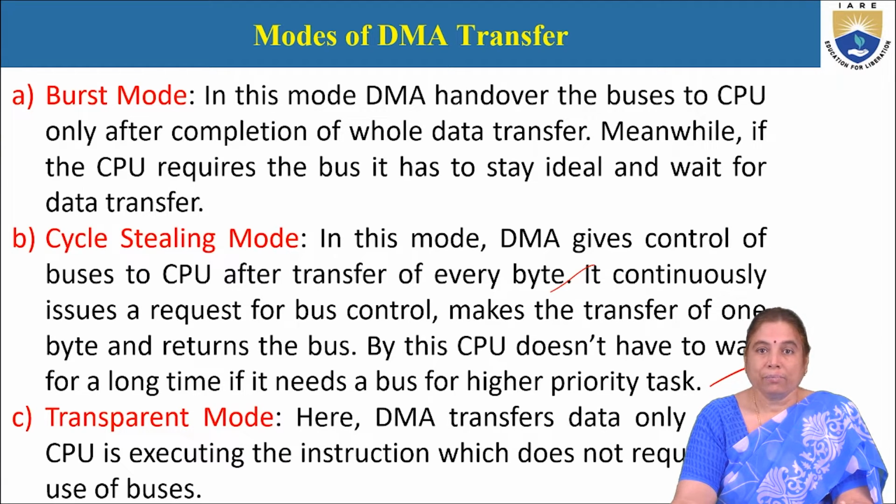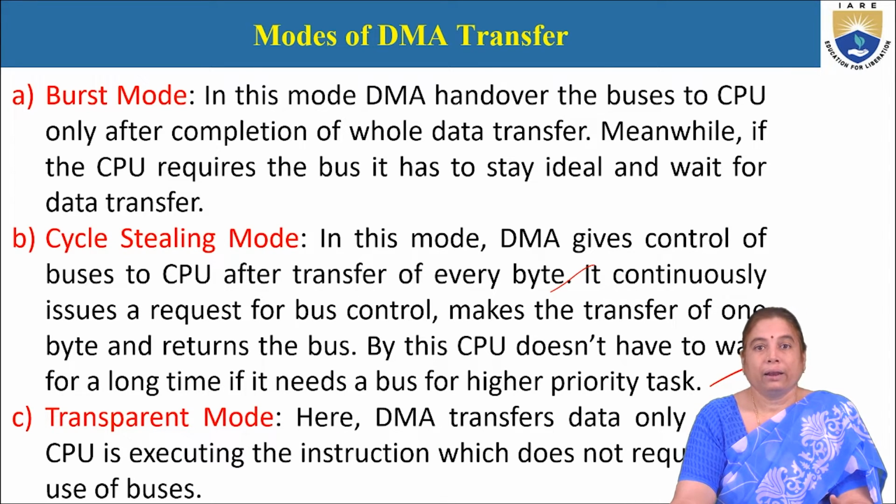Whenever the DMA controller needs a data transfer, it has to place a bus request signal, BR, to the CPU, so that the CPU can understand that the DMA requires the address, data, read-write control lines, and it puts these lines in a high impedance state. This in turn relinquishes the CPU from these lines.